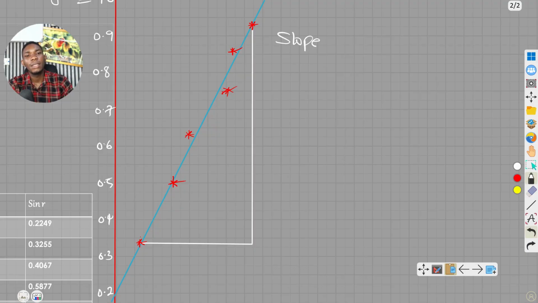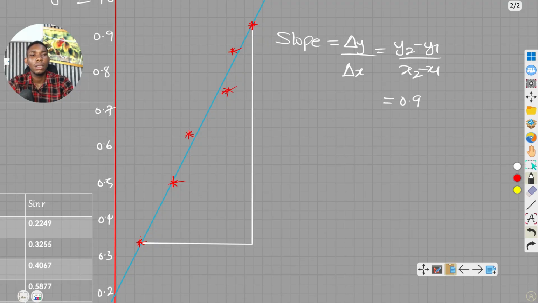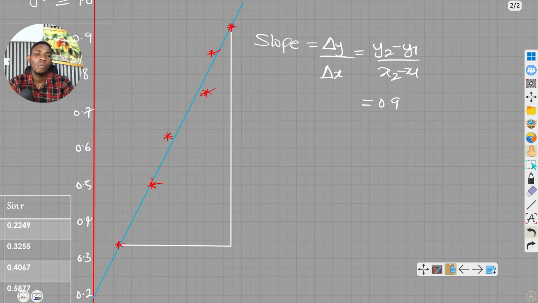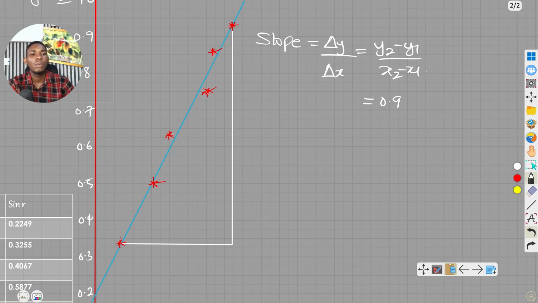Now I told you that you are not to write it here. It's changing y over changing x, which is y2 minus y1 all over x2 minus x1. What is our y2? Y2 is 0.9. What was the value we got here? 0.94 approximately. So we can take it 0.939, 0.94 approximately, minus what is our y1?